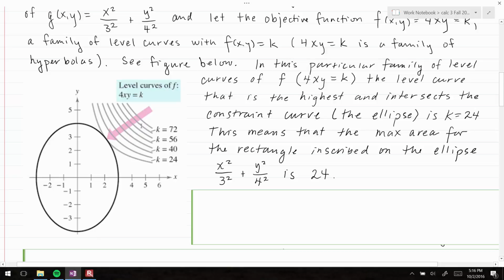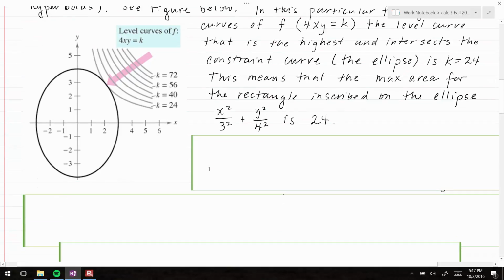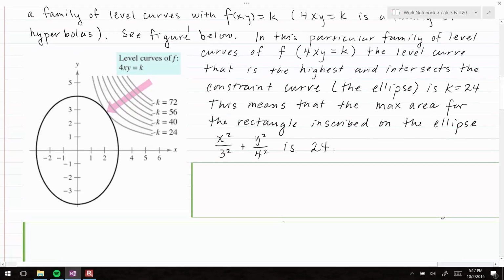Well, that's going to be when that level curve intersects and just barely touches that ellipse. It's a little hard, because these are level curves, so you can see them in their x and y coordinates, but you can try to picture them coming out of the screen, where k equals 72 would be higher than the one that's 56, and so on. So we're trying to imagine this in 3D, and then this ellipse is in 2D, where they just barely touch.